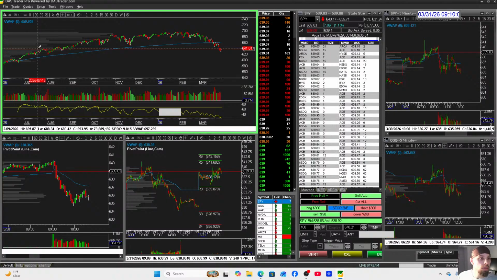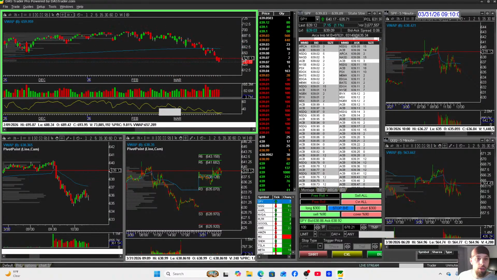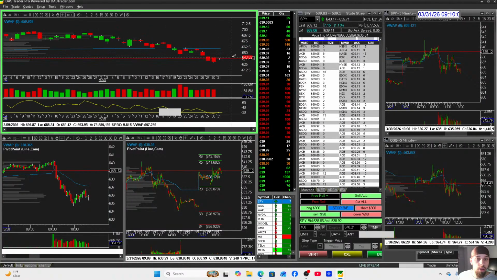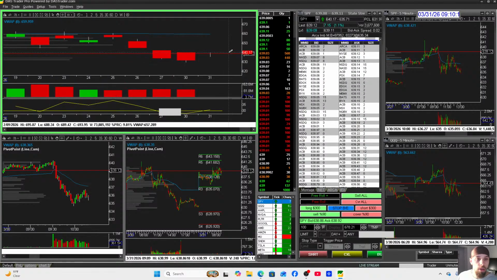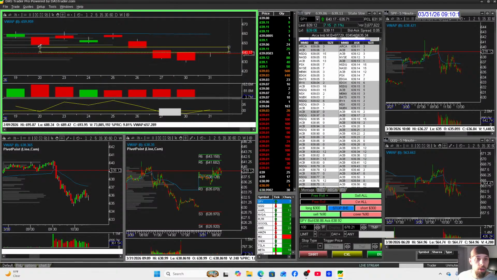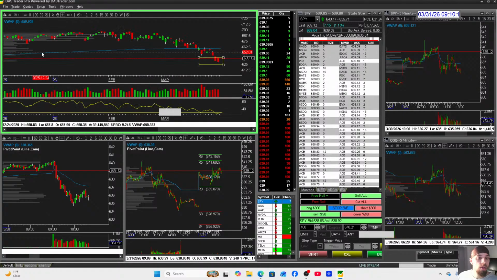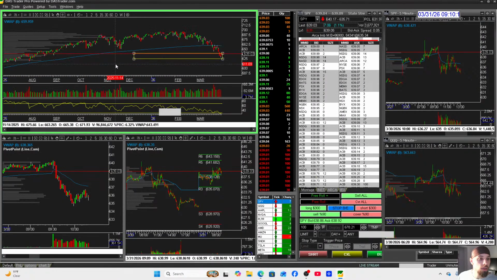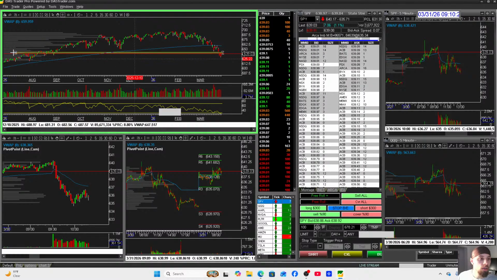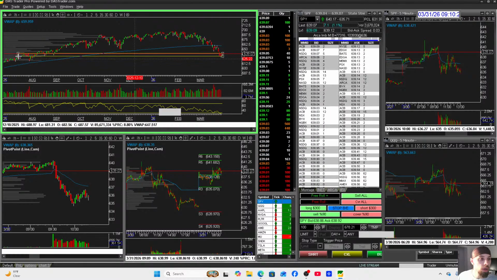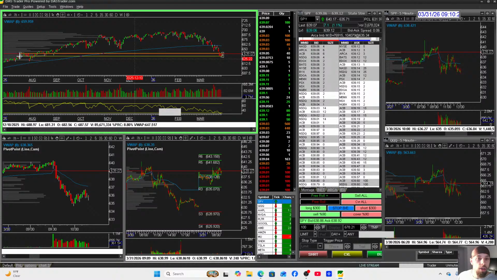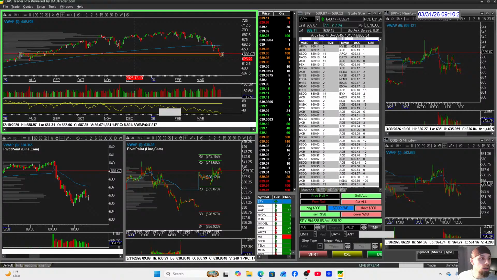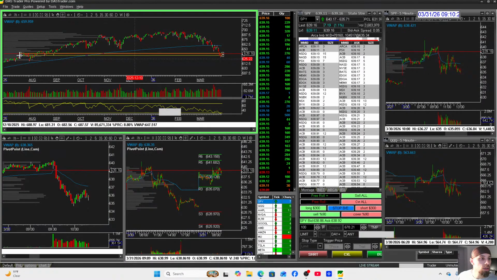Just looking left to see where we're at. So I'm marking that support there, resistance, just stretching this guy out to see where I can mark my next area of potential support.